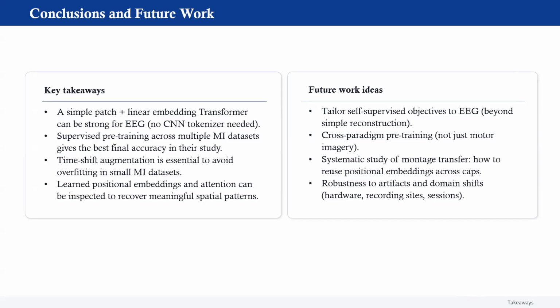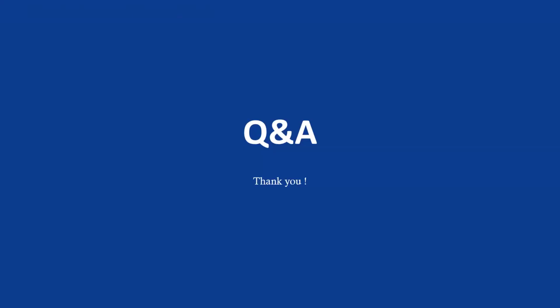It would be also nice to look at the idea that Niruhan suggested, like what was done in LaBraM, if you can have a separate temporal embedding, separate channel embedding, that would be nice. And essentially stress test this for different hardware, recording sites, sessions, because that is always a problem with EEG. Okay, I think that was everything from my end.